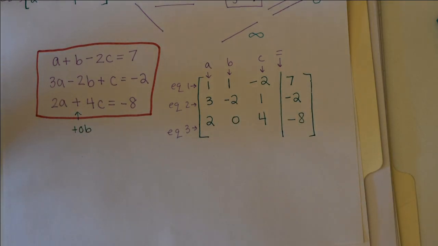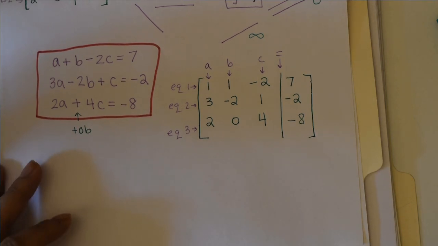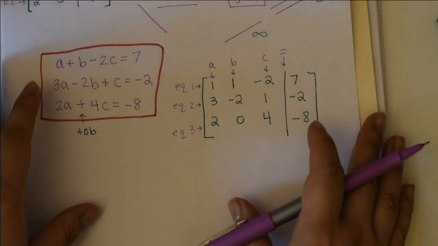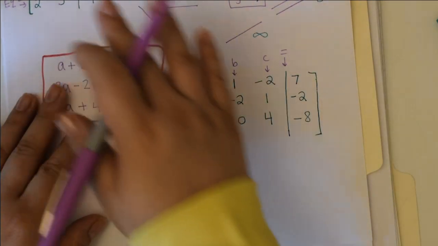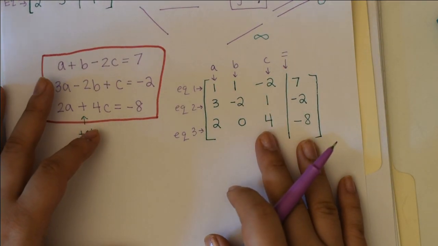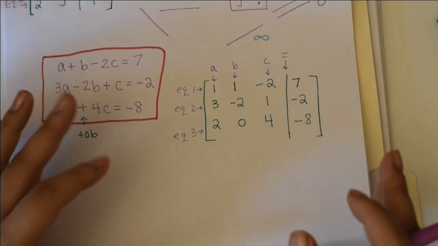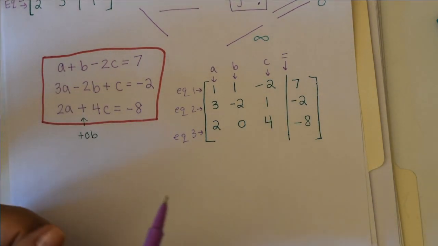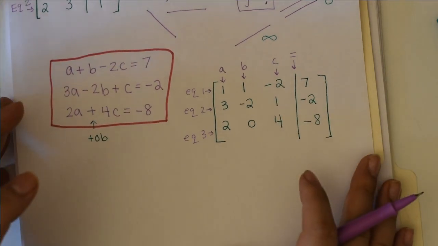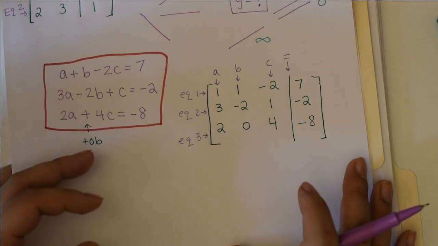So now that we know how to take an actual system of equations and write a matrix that represents it, now let's just mention what our goal is. What does it mean to solve it? What are we trying to do with this matrix? Okay, that's nice, that looks really cool.